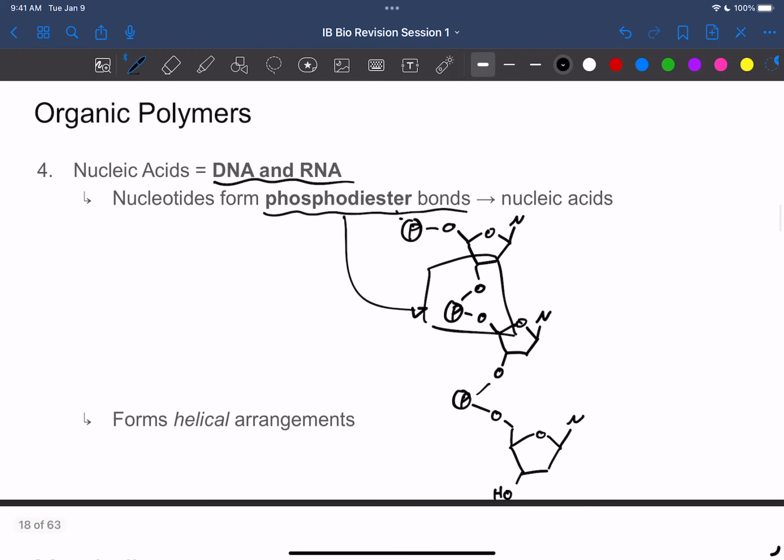And together, when you have all of these bonds in tandem, they're going to form helical arrangements. So RNA can look something like this, and DNA obviously has the double helix. And this is because of how the bases interact with one another.